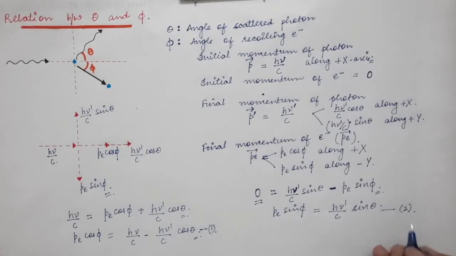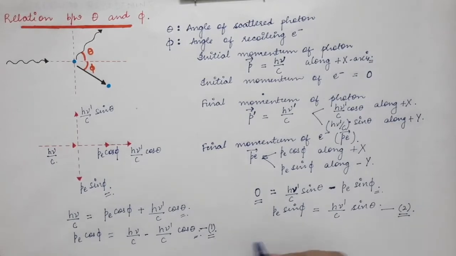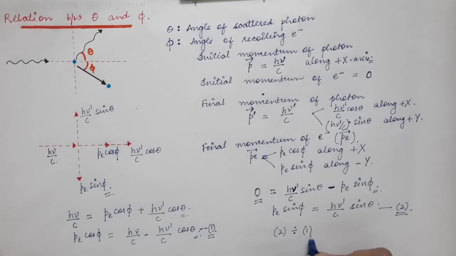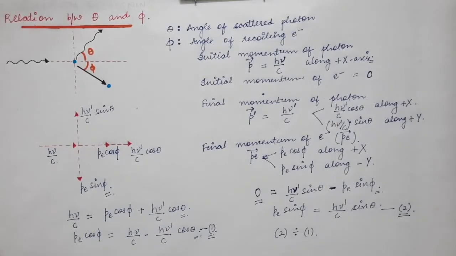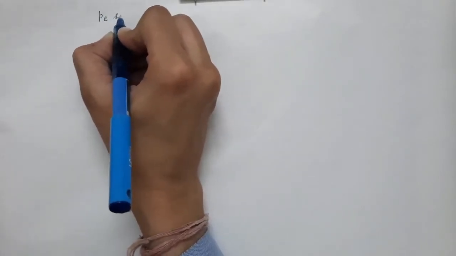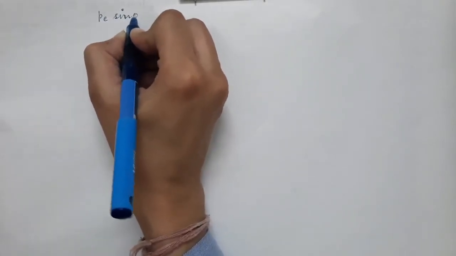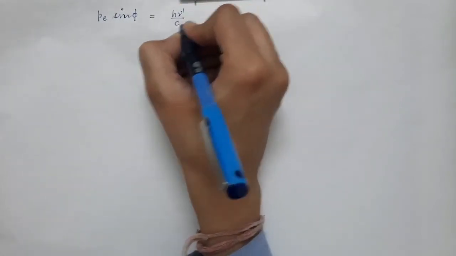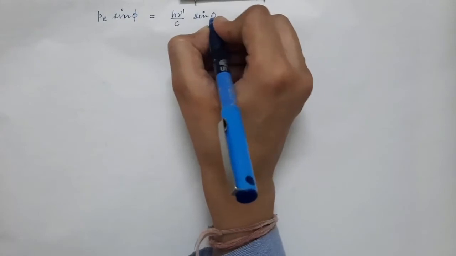Now we are going to divide the second equation by the first equation. So what we will get? So the second equation was Pe sin phi is equal to h nu prime by c sin of theta.